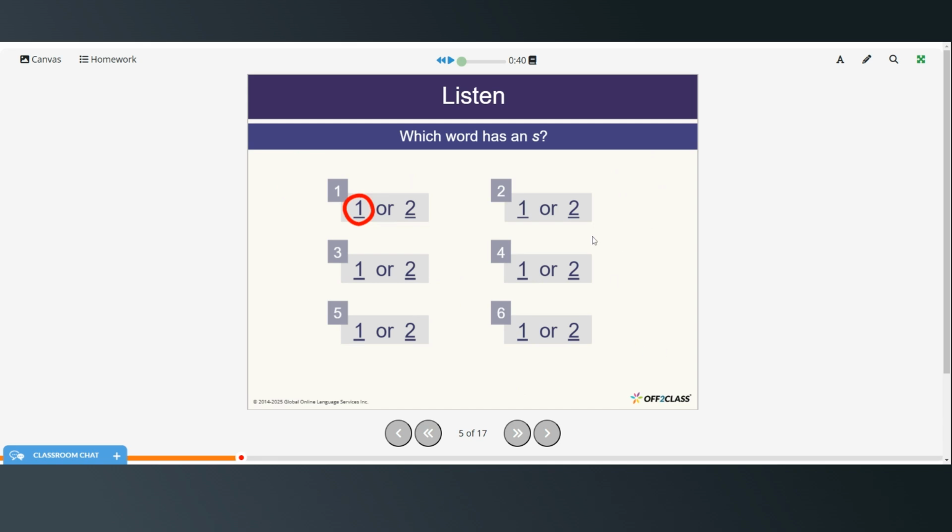All right, so now you're going to be listening to the pairs of words and which word has the S sound, word one or word two. Sip, zip. Zit, sit.